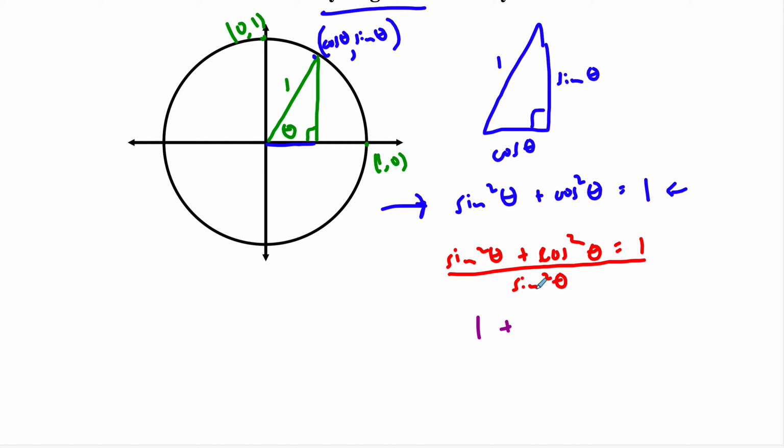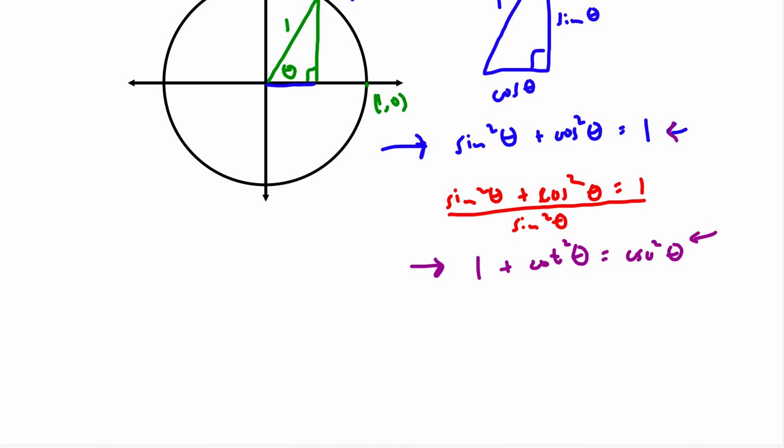Cosine squared divided by sine squared: cosine over sine is cotangent, so that means this is cotangent squared. And 1 divided by sine squared: 1 over sine is cosecant, so this is cosecant squared theta. So this is the second Pythagorean identity. I would argue that if you know this first one, which I would commit to memory, you can get this one just by dividing everything by sine squared. A little less to memorize.